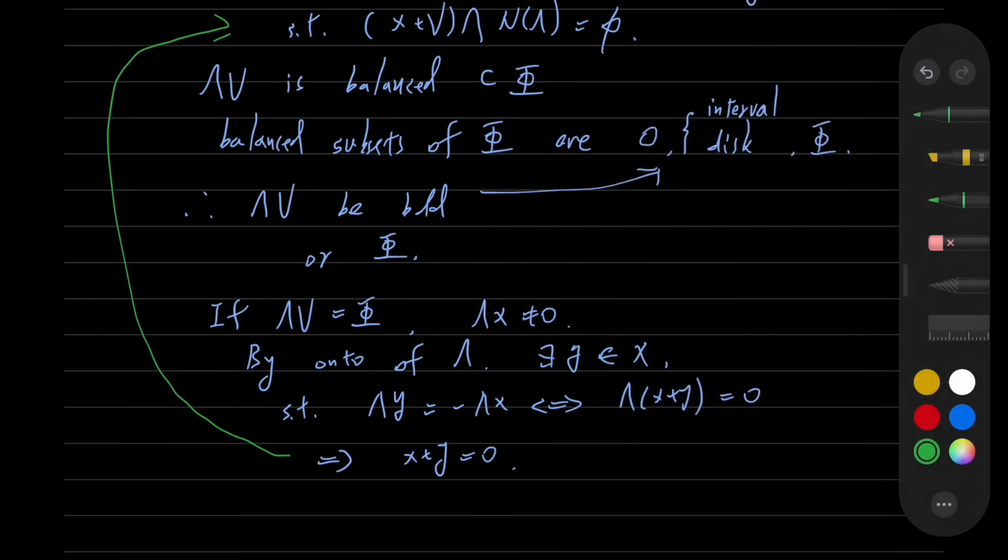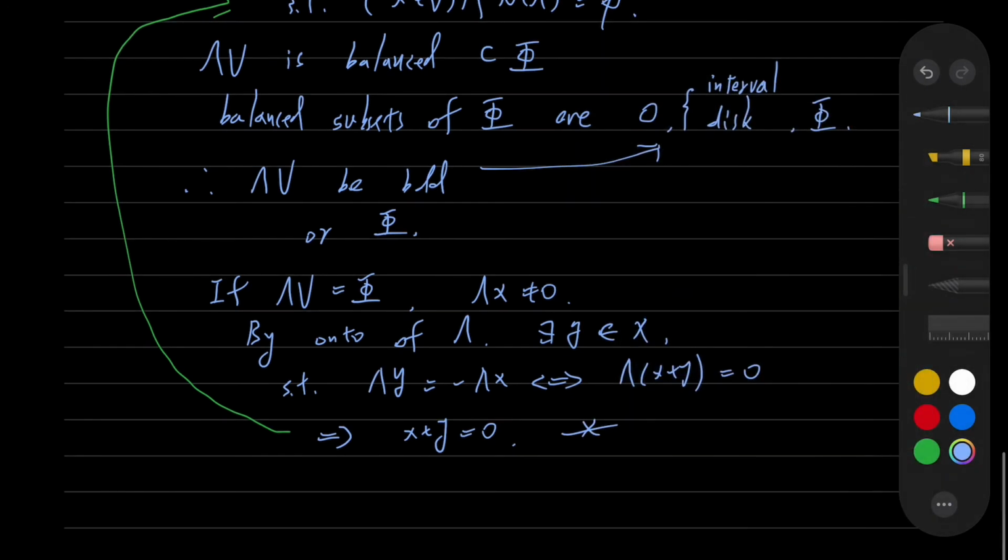So it's a contradiction. Hence, the image of this neighborhood is bounded.